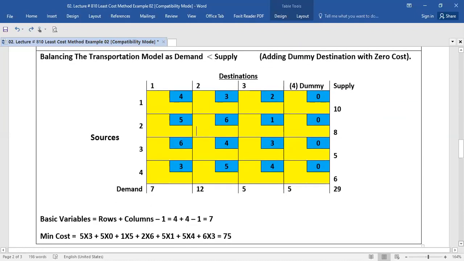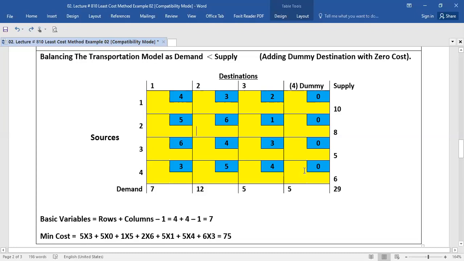We will make our allocation. Now this is a special problem. How to make allocation with least cost method? Here we see that 0 is the least cost. In 4 cells we have 0 least cost. All are equally qualified for their allocation.